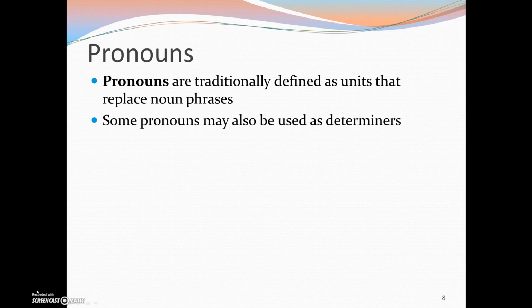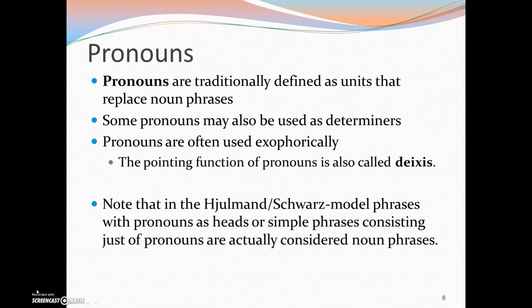And pronouns are often used exophorically as well, and this means that they point to something in the physical, social, or mental context, so they don't necessarily point to anything in the linguistic context. And this pointing function of pronouns is also called deixis.